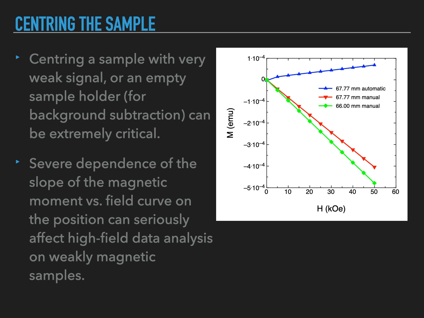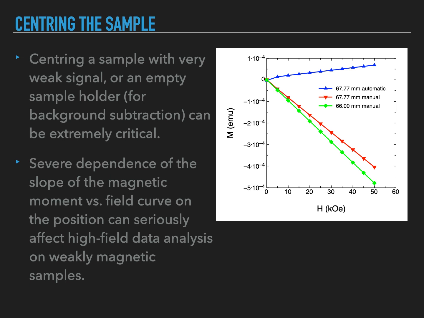Here in the graph, you see three measurements of a silicon substrate as a function of field in three different positions. Indeed, these are two different positions, but one is repeated two times, once with automatic centering and the other one with manual centering nominally in the same position. And the third time it is at a relatively different position.